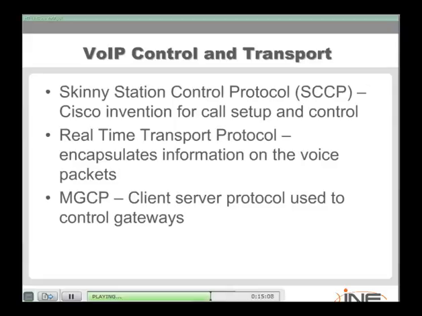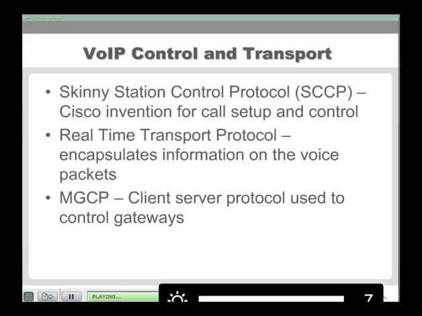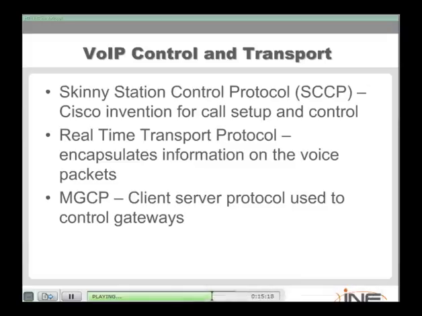And this is a Cisco invention for signaling for call setup and control in the voice over IP environment. Something that I've mentioned earlier in the course, there's the Real-time Transport Protocol. This encapsulates additional information on your tiny little voice packets. One of the technologies that we told you about earlier in the course was RTP header compression.